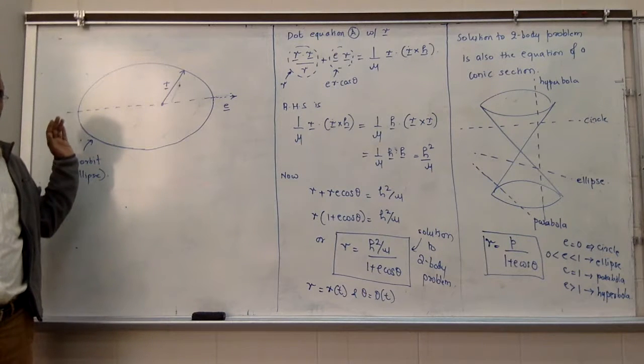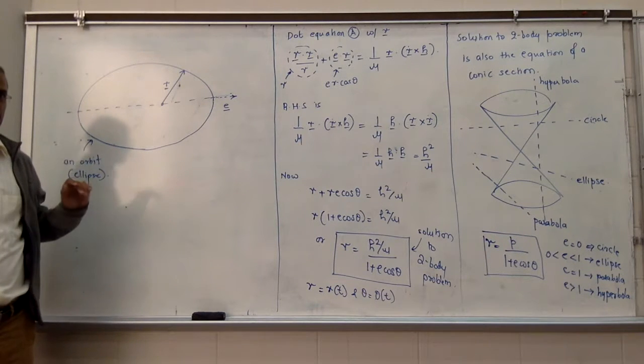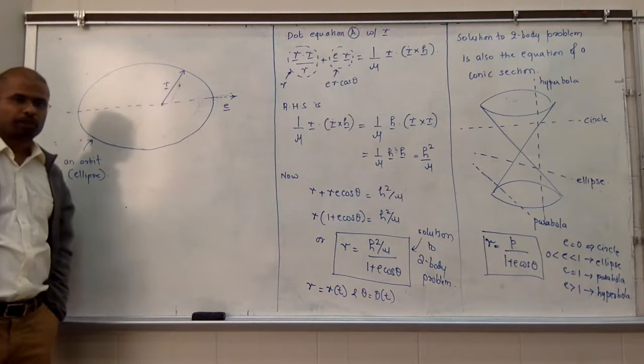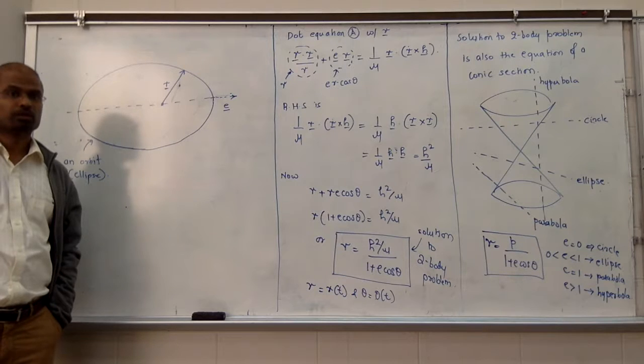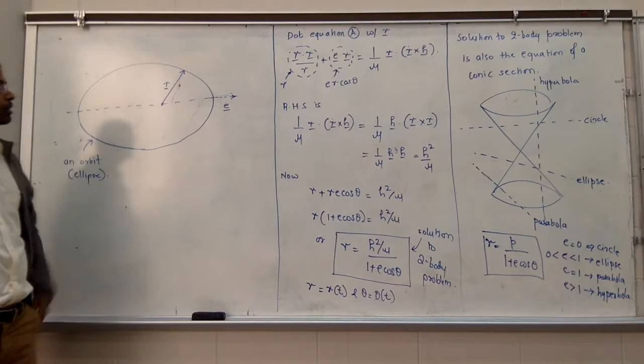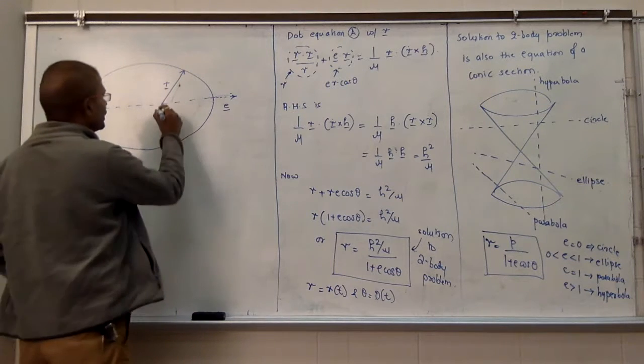It's the chord of the longest length. That's the major axis, and this will be the minor axis. Now this E is the vector E.